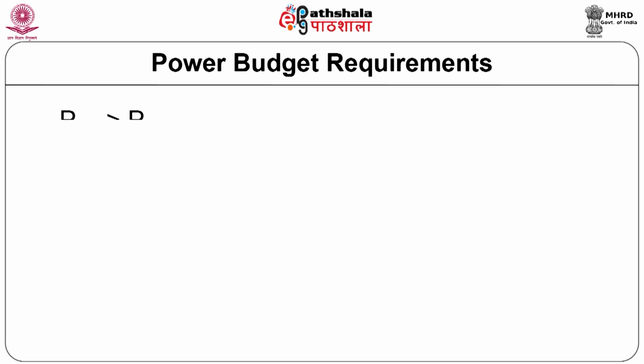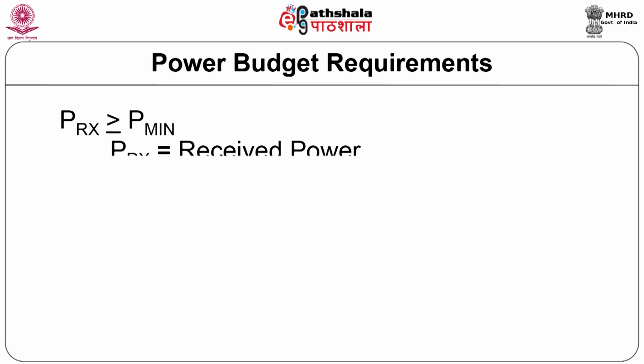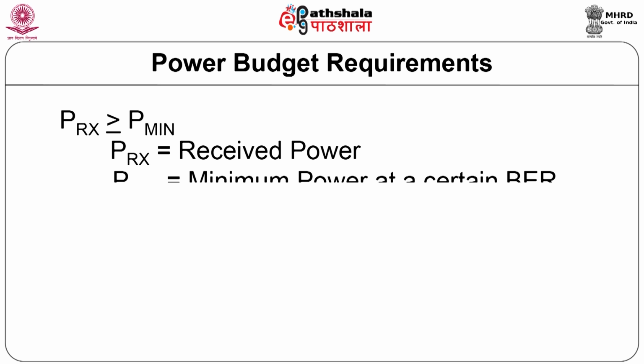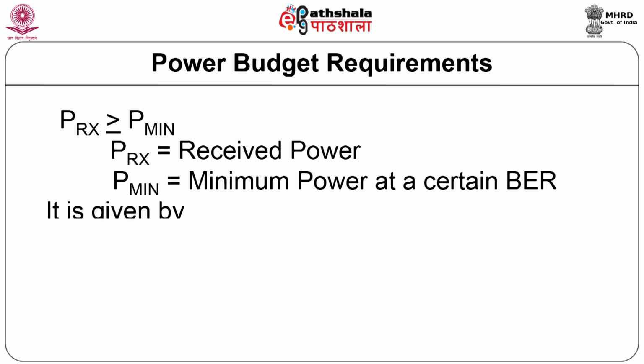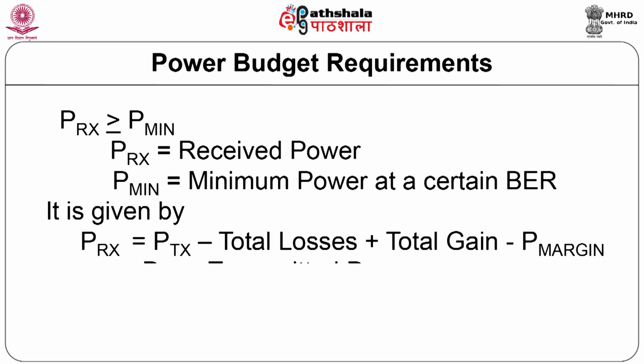The received power should always be greater than or equal to the minimum power at certain bit error rate. Then and then only it will be properly detected, or we can say that the information is properly conveyed. The formula for PRX is PTX minus total losses plus total gain minus P margin.